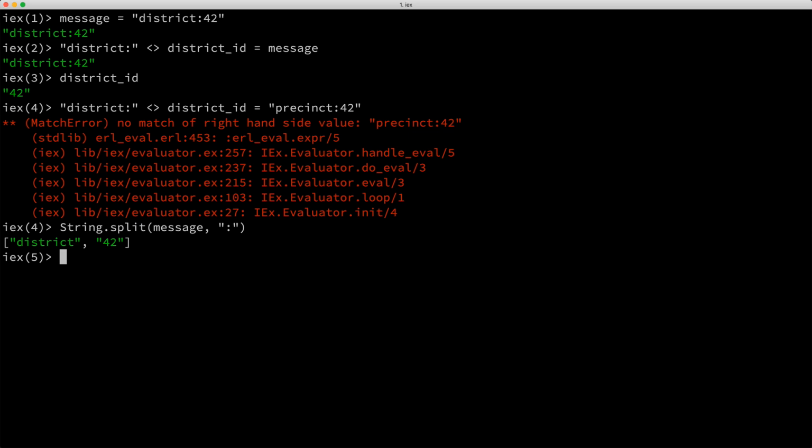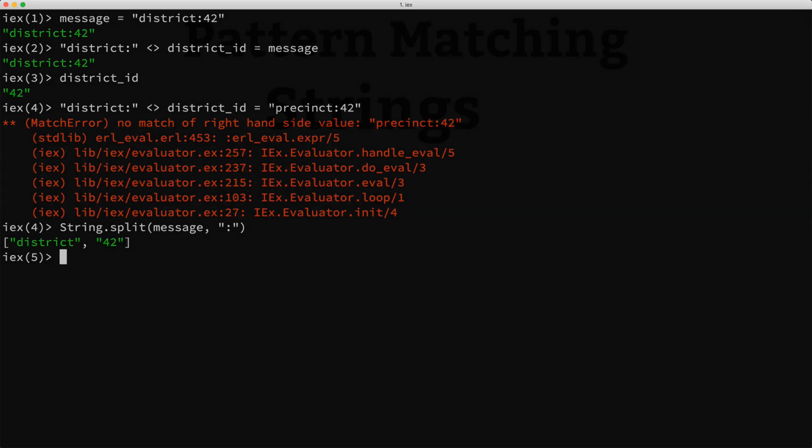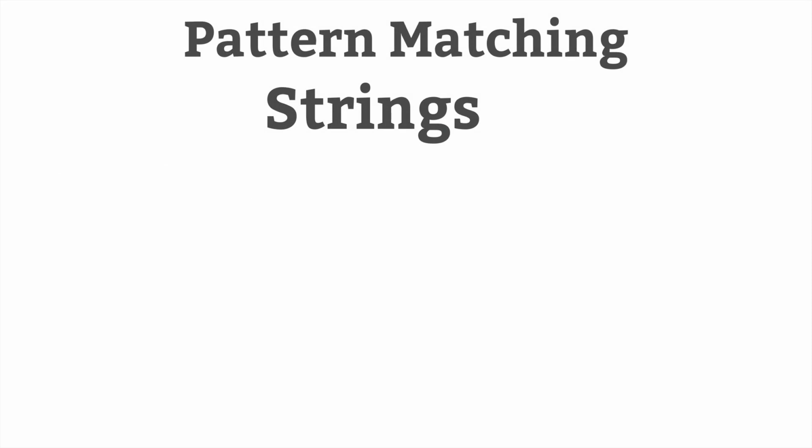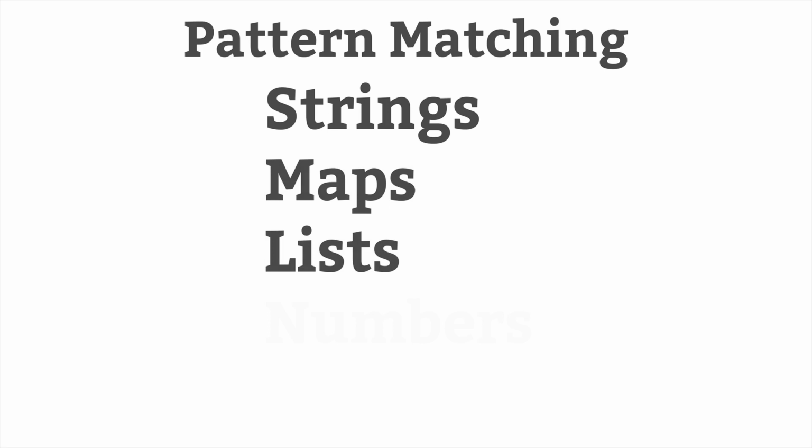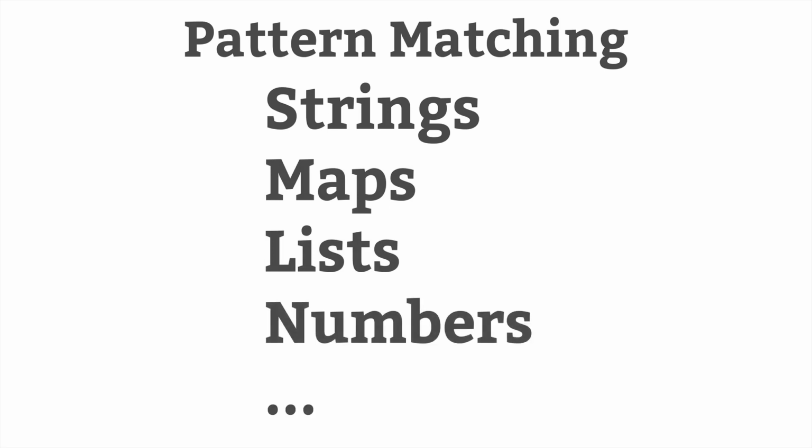Okay, so this should give you a sense of how to do pattern matching for strings, but what about other data types? In other words, how can you do pattern matching with maps or lists or maybe other primitive types like numbers? Well, we're going to look at pattern matching for several other types of data in the next few videos, and I'll show you how to do pattern matching on these other data types.